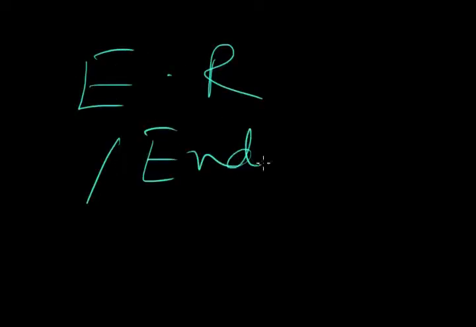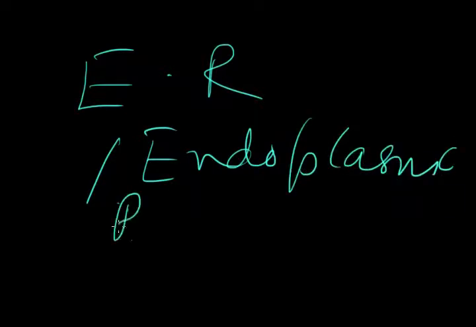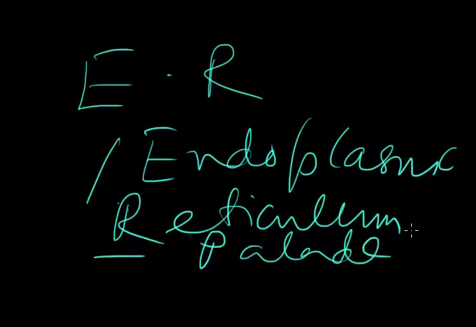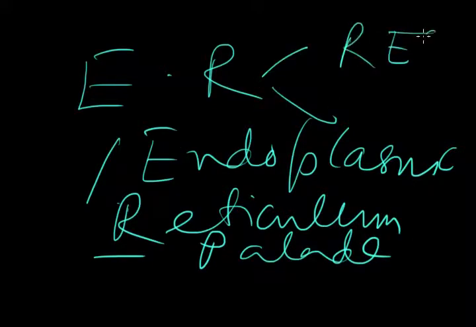The next member is ER, if I say, endoplasmic reticulum, identified for the first time by Palade. The ER is supposed to be of two types. One is RER, the other is SER.